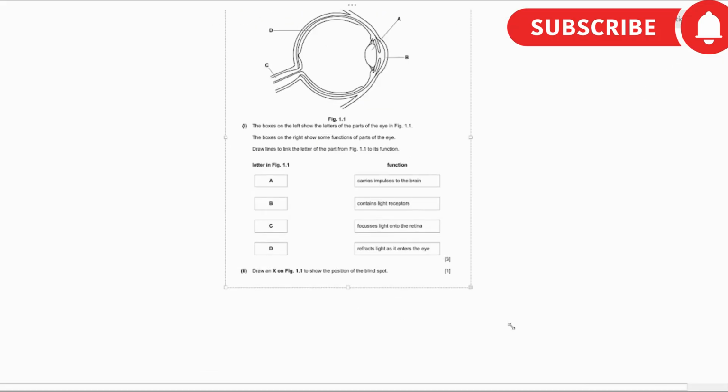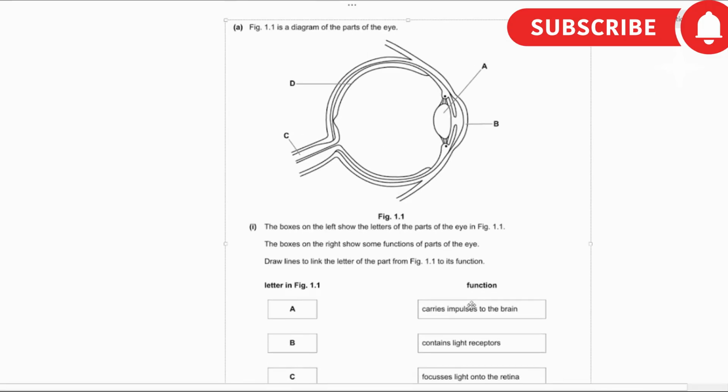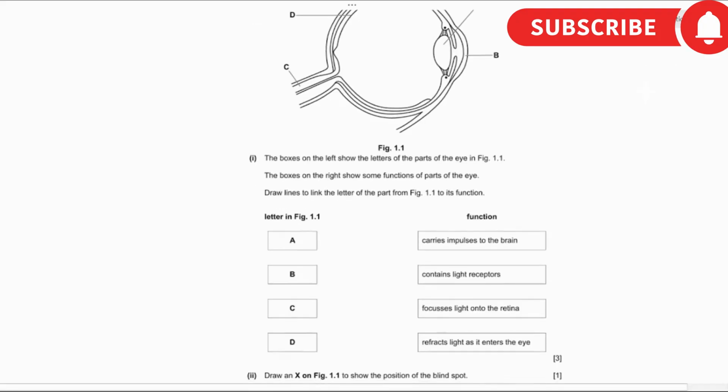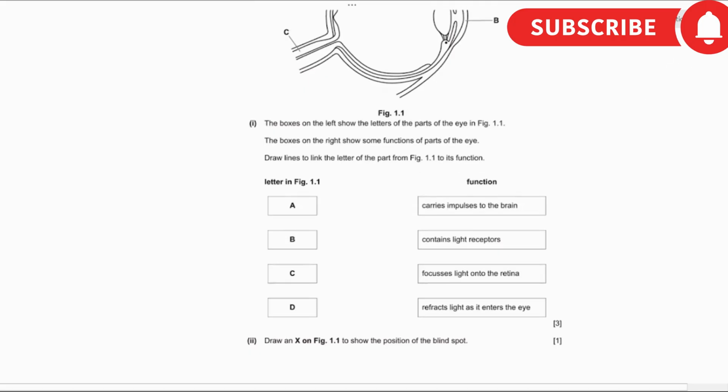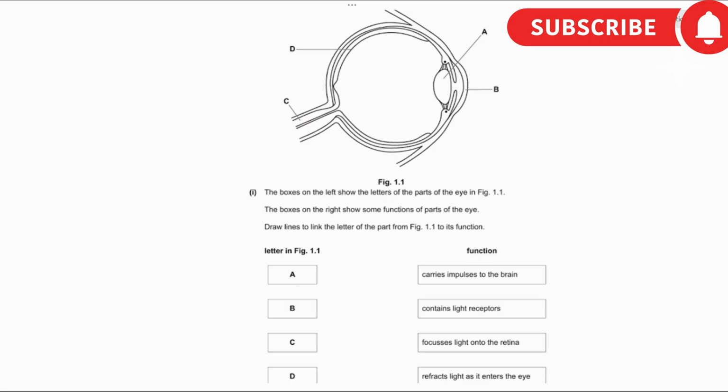Figure 1.1 is a diagram of part of the eye. You have to match the functions with whatever part is there. Let's identify what is A, B, C and D.